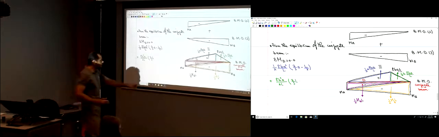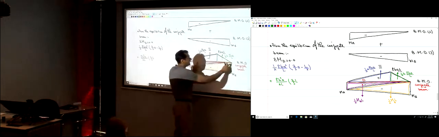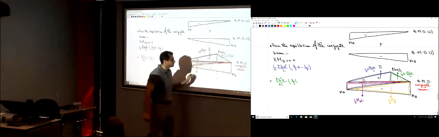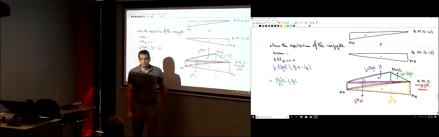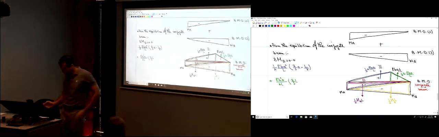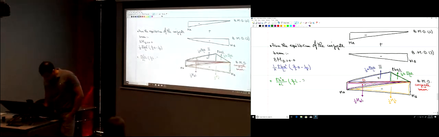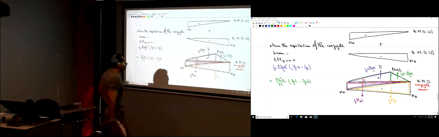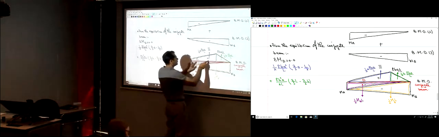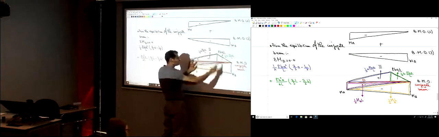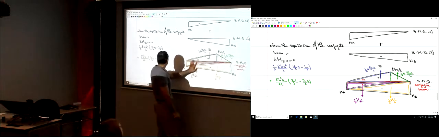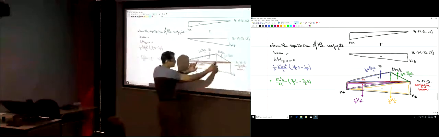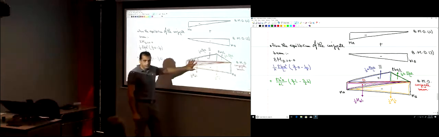From here to here is 2/3 L minus this distance, which is how much? 2/3 B. Okay? So minus 2/3 B. And then I have the moment of this force. If those were rotating counterclockwise, so they were positive, this one is rotating clockwise, so it's negative.